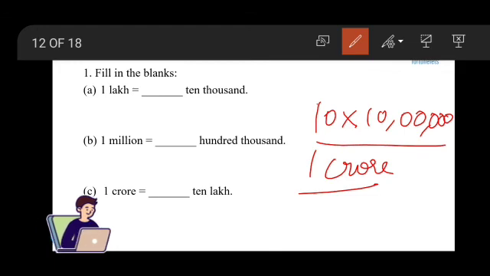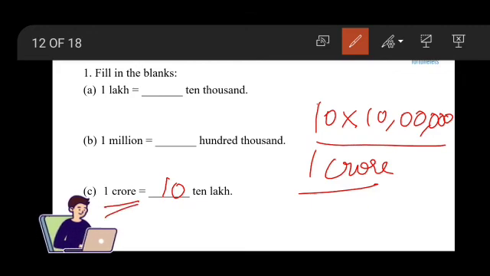So how many 10 lakhs are there then? 10 lakhs are there in 1 crore. Students, for this, first you have to make a note of small things, which is the difference between the Indian standard and international standard place values. Then it will be easy for you to solve the given problems.